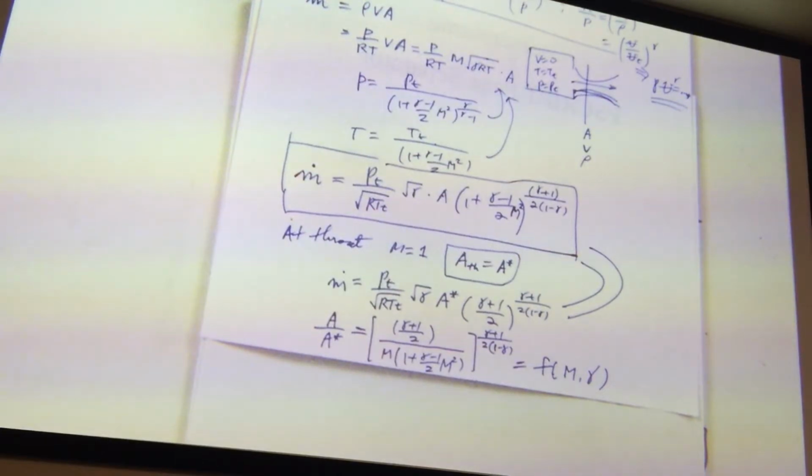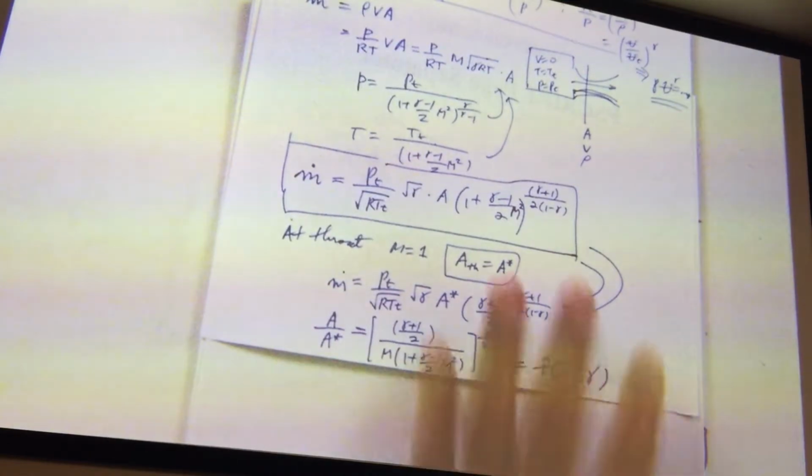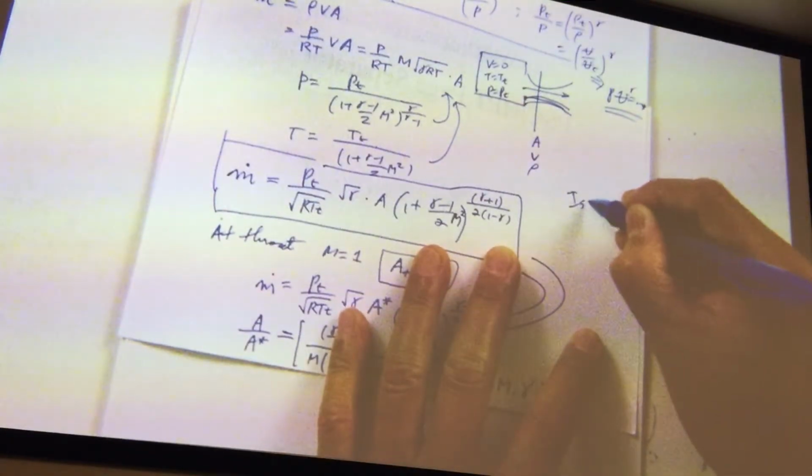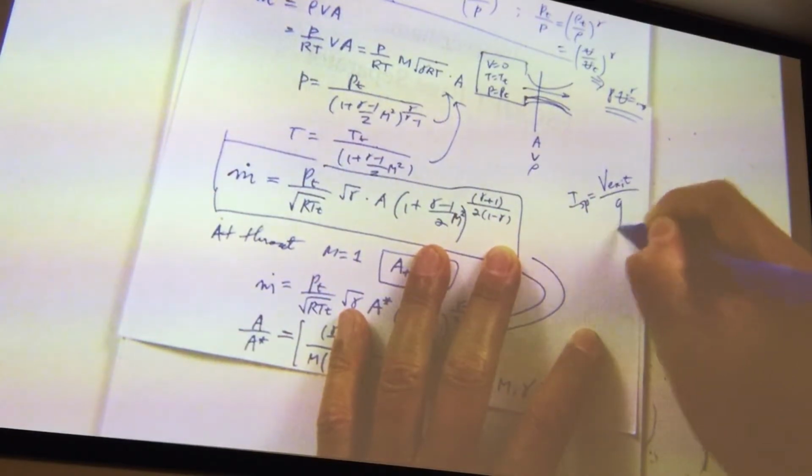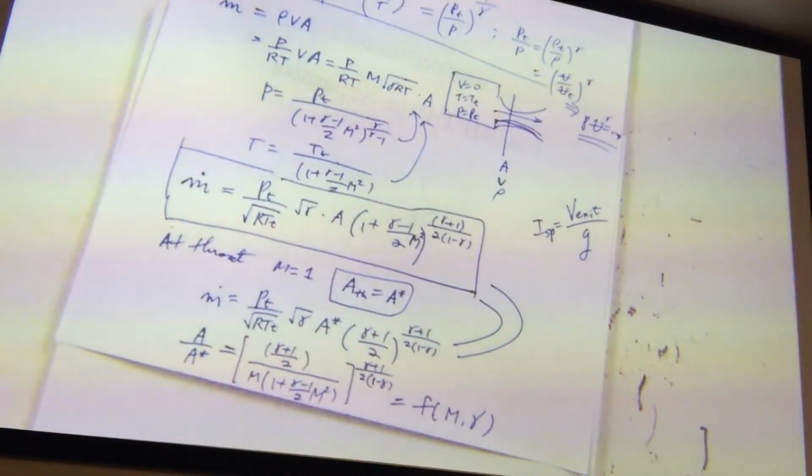And as you learn in your propulsion class, they will give you the specific impulse. The specific impulse is really the exhaust velocity divided by the gravitational constant. That's really your specific impulse. It has the unit of seconds.